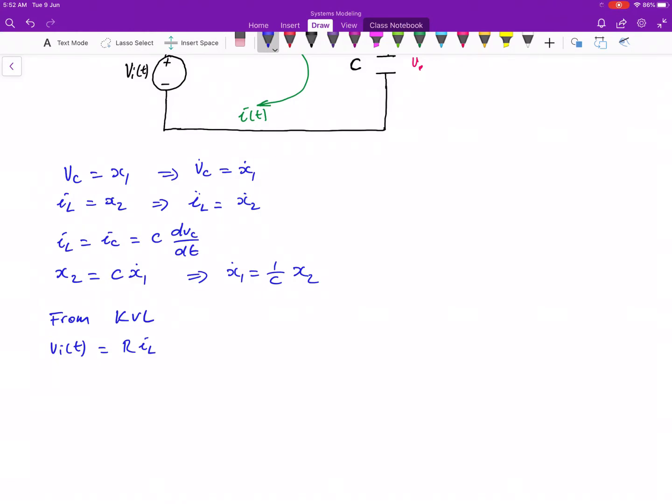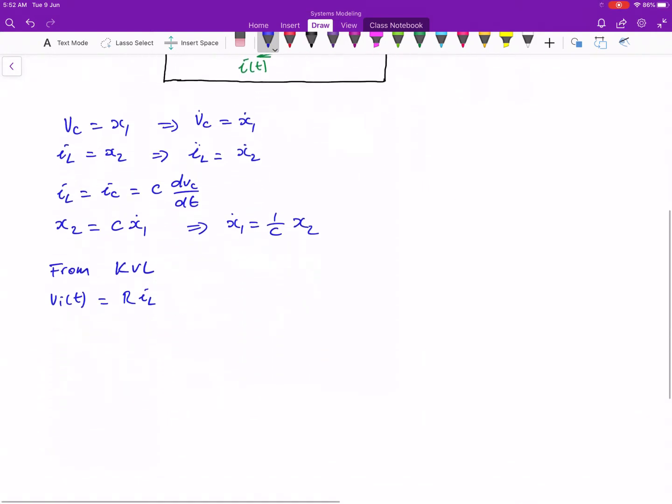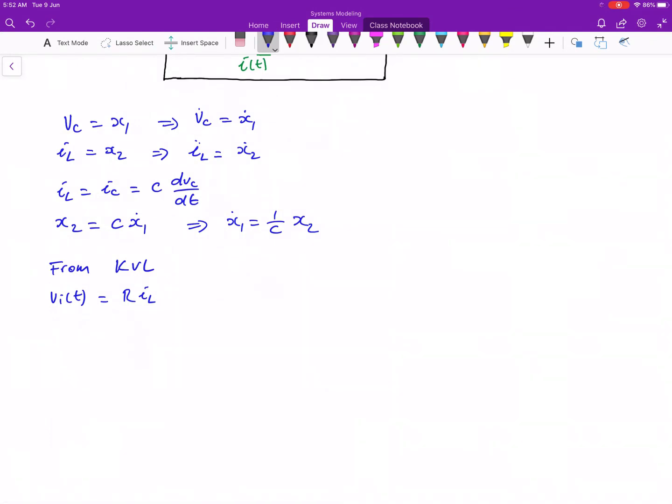We know that IR is equal to IL because it's the same current. And what we want as our states are IL, which is X2, and VC. So I'll use IL plus L dIL/dt plus VC.